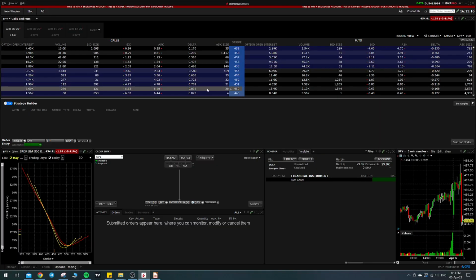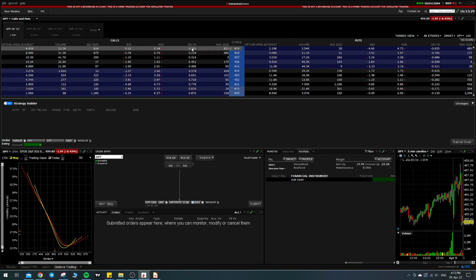So we can see, for example, in this case, if you take 450, we have a delta of 0.833. This delta can go from 0 to 1 in the case of calls, or from -1 to 0 in the case of puts.